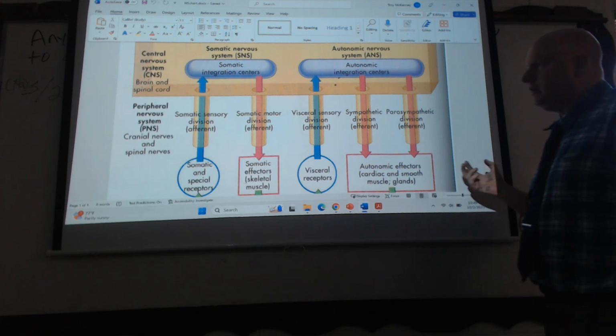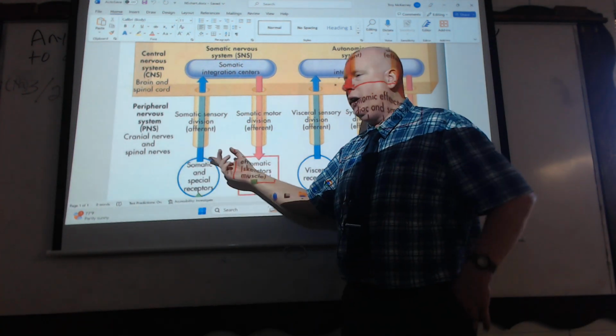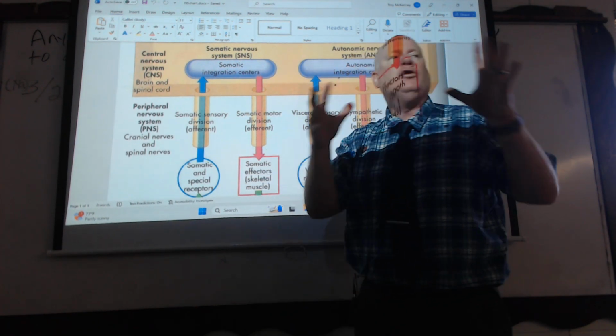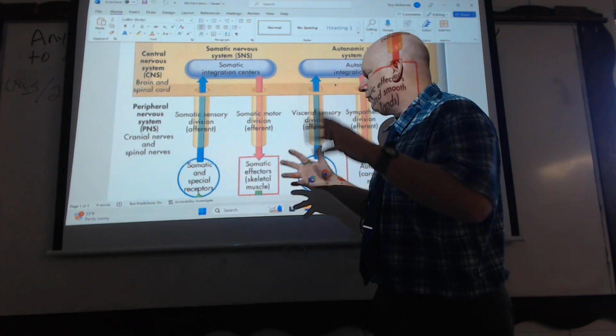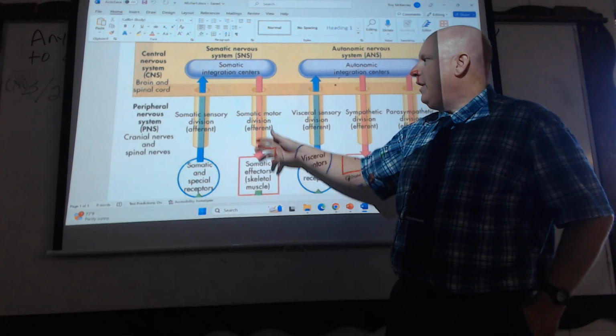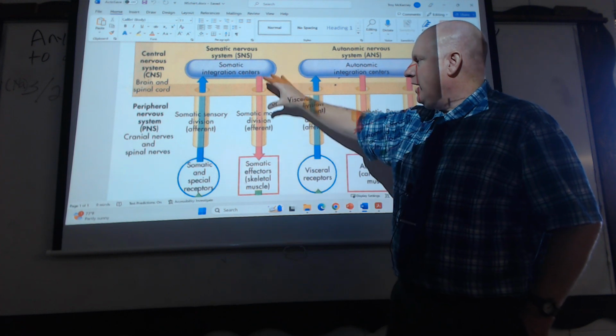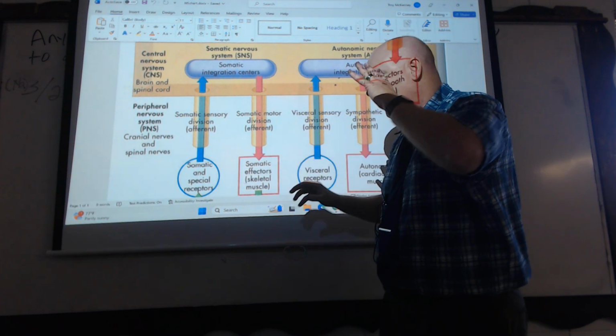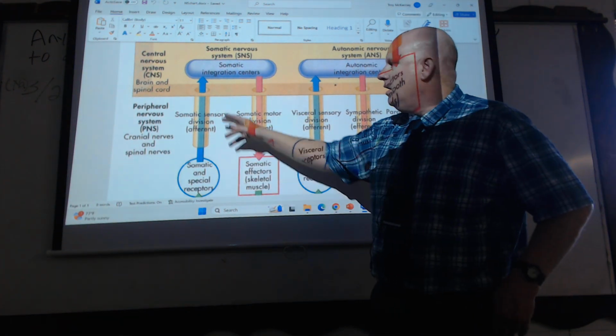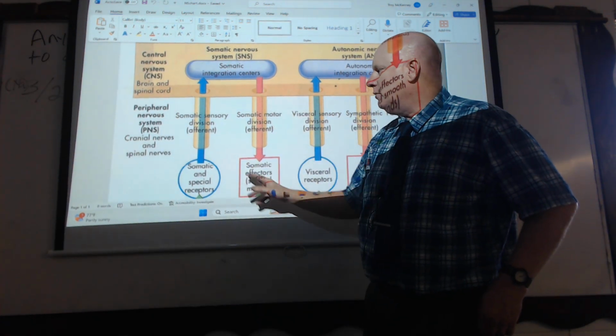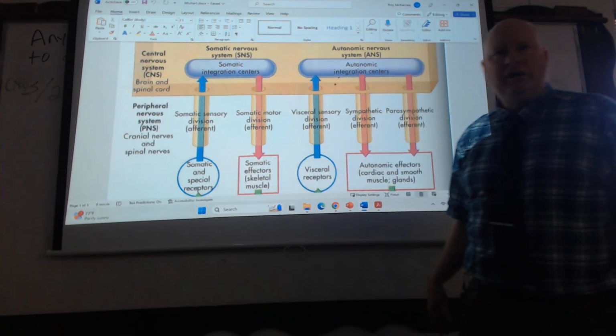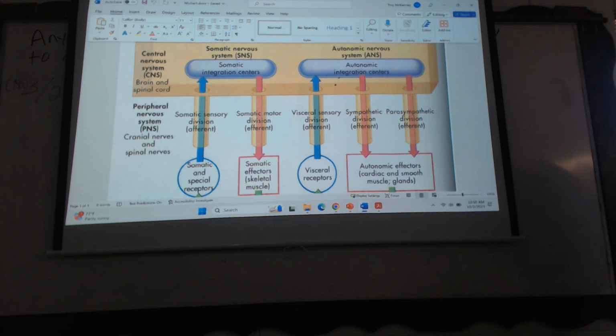Or again, walking down the hallway, see something out of the corner of your eye, and you turn and look. So that's what happens on your somatic side. The cause, you see something, the effect, you turn and look. So perhaps that can help you differentiate between which division we're talking about, the afferent or the efferent.